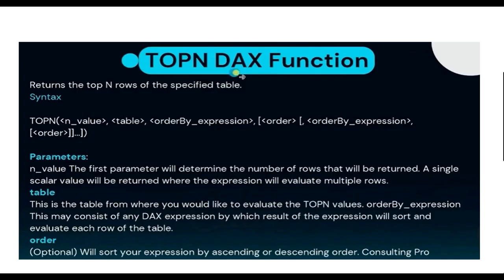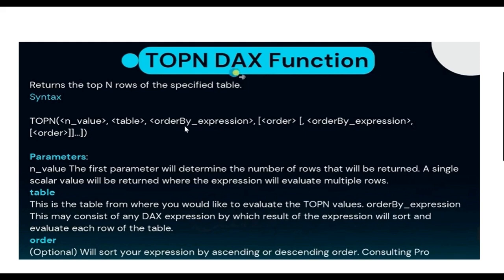Next question is, what is the TOPN DAX function in Power BI DAX? It returns the top N rows of a specified table, and the syntax is TOPN, an N value like 10, a table, and an order by expression.